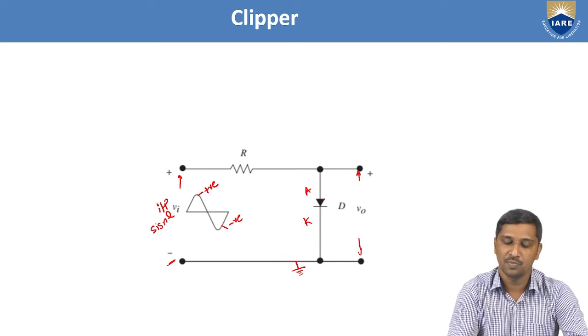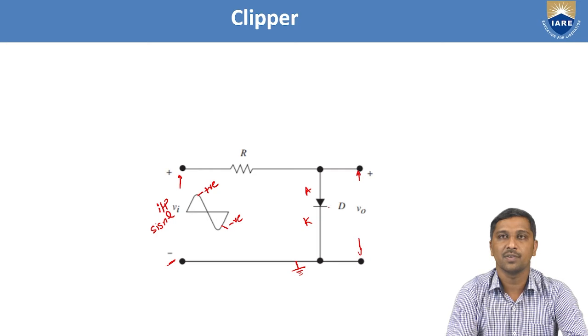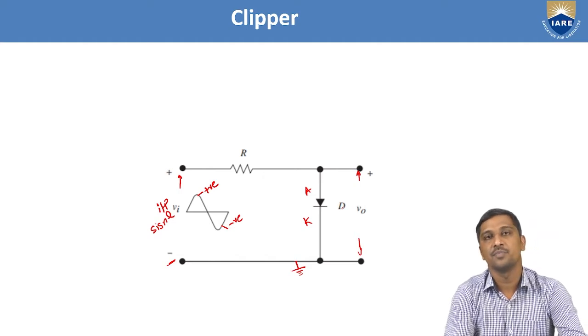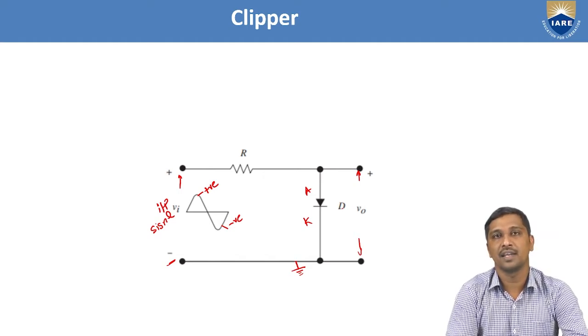Based on this construction, it performs some operation. From that response, we can say that this type of clipper attenuates either the positive portion or the negative portion. Based on that limitation of the amplitude of the input signal, it acts as either a positive peak clipper or a negative peak clipper.